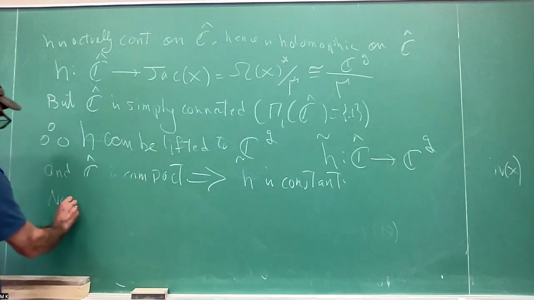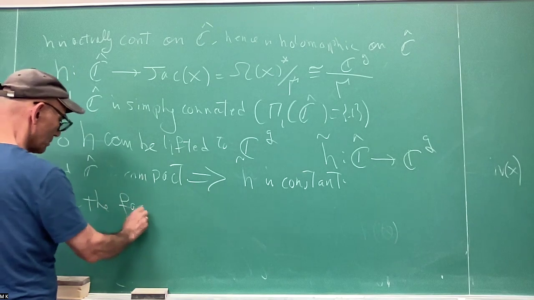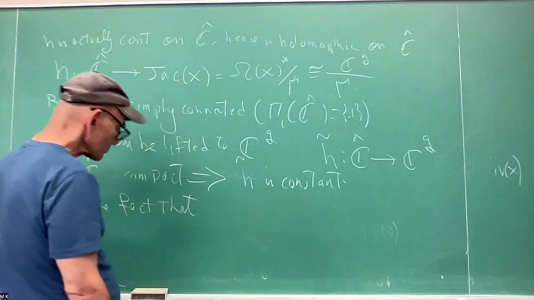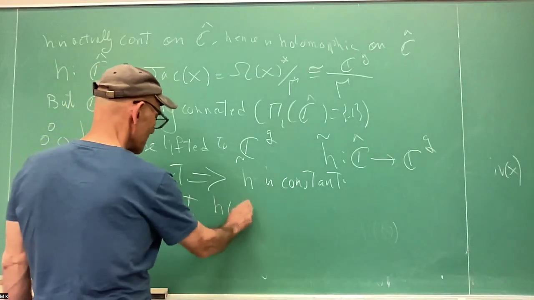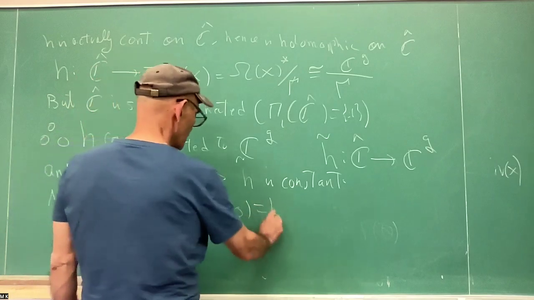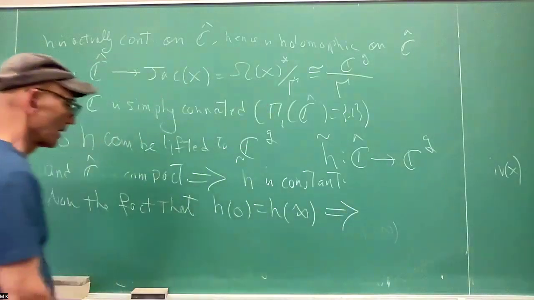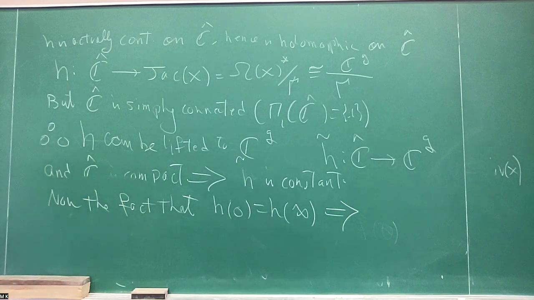Now, the fact that H of 0 is equal to H of infinity exactly implies that this divisor, so what did we want to prove?